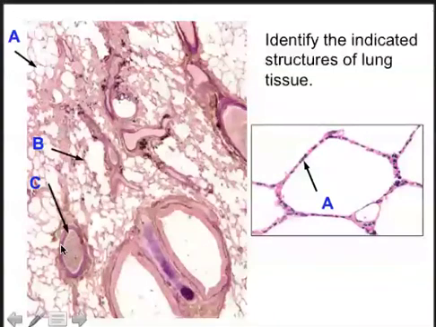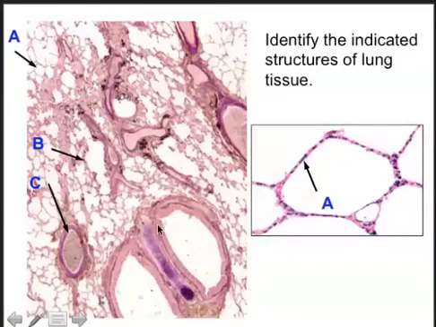This is smooth muscle tissue, and this in here is blood. This is actually a terminal bronchiole, and the reason you can tell is because there's a little bit of cartilage surrounding this particular tube. In addition, if you look very closely, you can see that this is pseudostratified ciliated columnar epithelium, which is characteristic of the tissue that lines this particular structure.